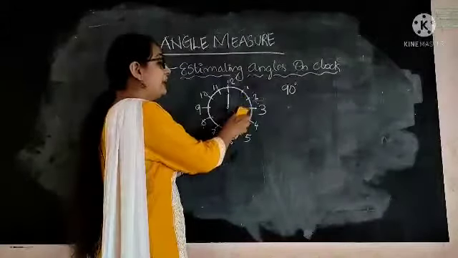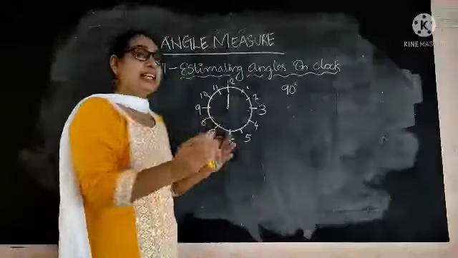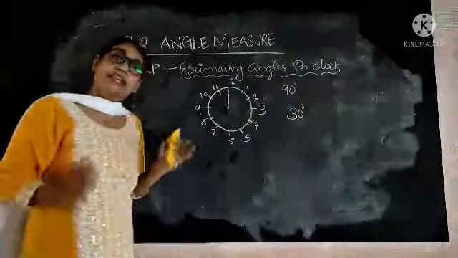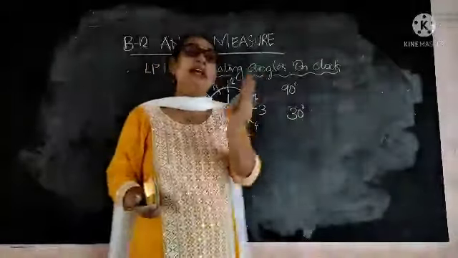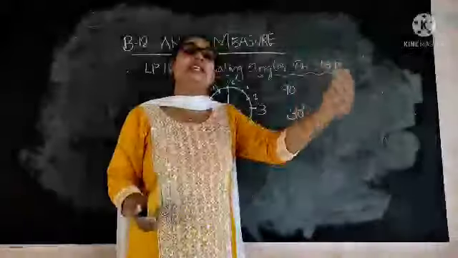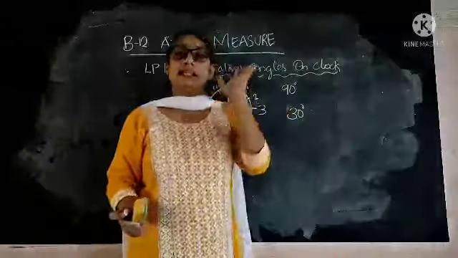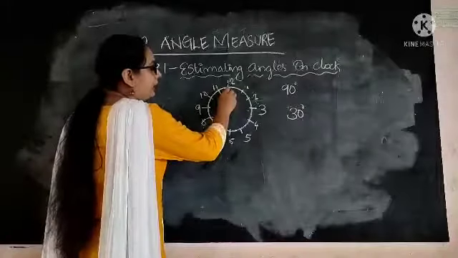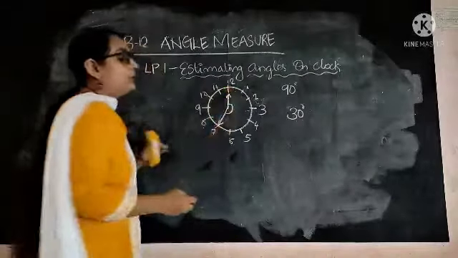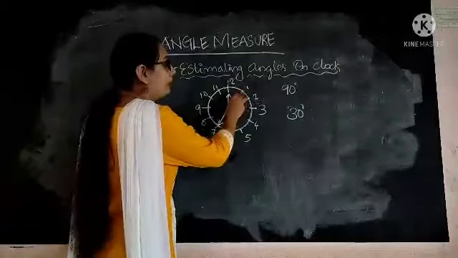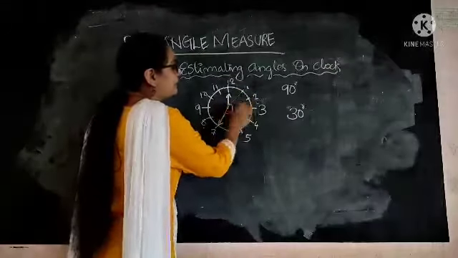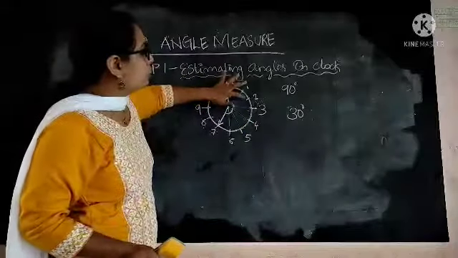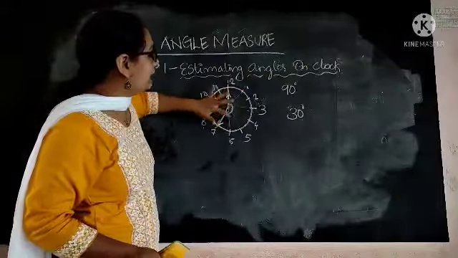So in general, we can say that for a clock, one division is 30 degrees. For moving each division, the measurement increases by 30 degrees. So when I tell you to mark the angle between these, you just need to count how many divisions there are: 1, 2, 3, 4, 5, 6, 7.